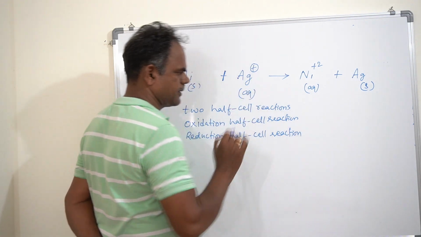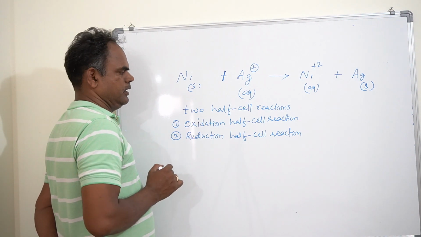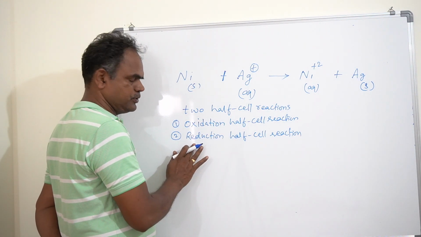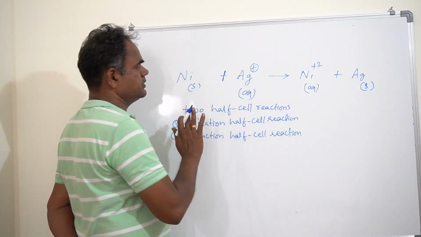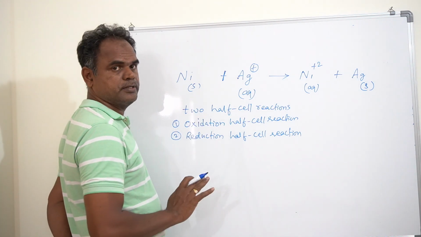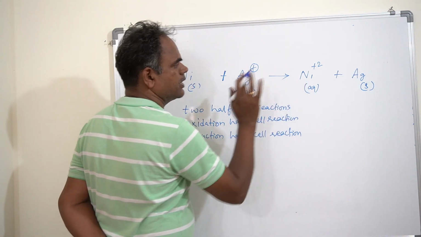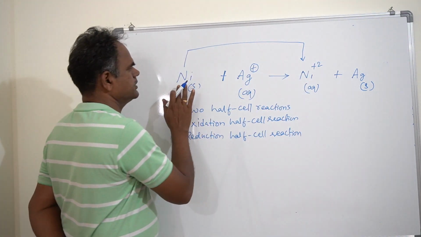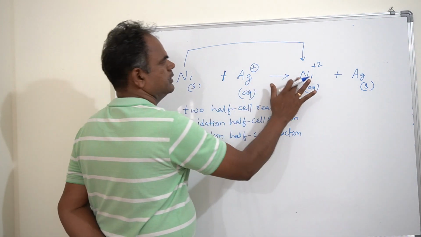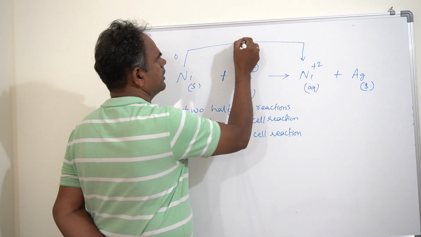Now, number one, the oxidation half reaction, and number two, the reduction half reaction. In this redox reaction, which species is getting oxidized? Observe this: this is a pure metal, this is an ion. Nickel's charge changes from 0 to plus 2. That means nickel is getting oxidized.